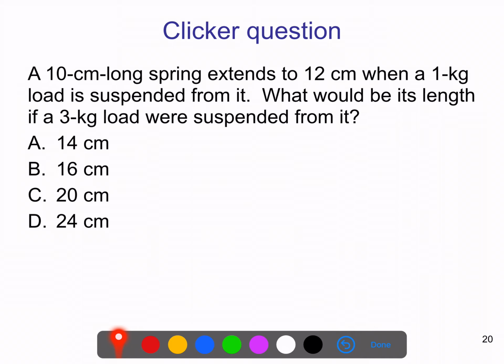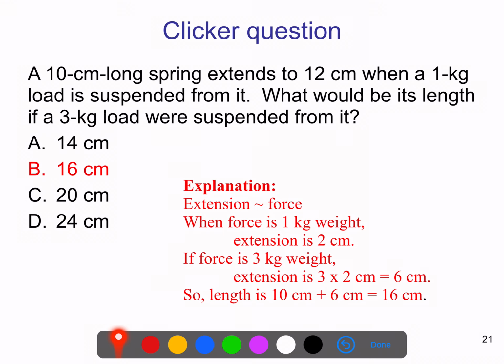So, for example, let's suppose that we have a spring which is originally in its relaxed position 10 centimeters long, and when I stick a 1 kilogram load onto it, I see that it extends to 12 centimeters. So the question now is, what will happen if I add a 3 kilogram load instead of a 1 kilogram load? So you can pause the video if you like.